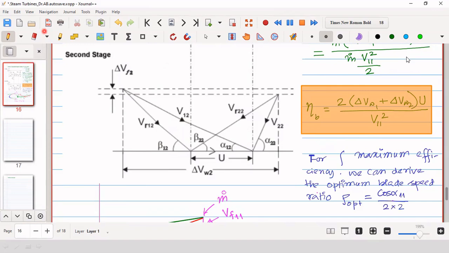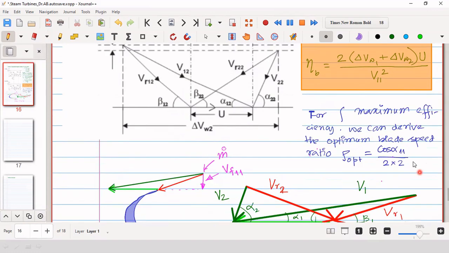Initially it was cos alpha 1 by 2. Now it will come to be cos alpha 1 by 2 into 2. It can be derived from this.